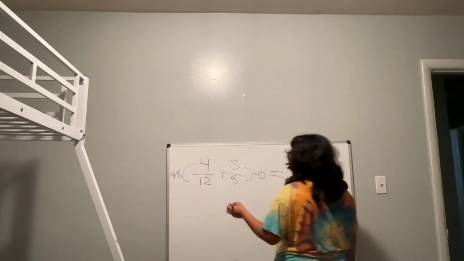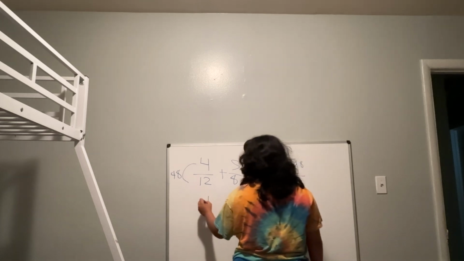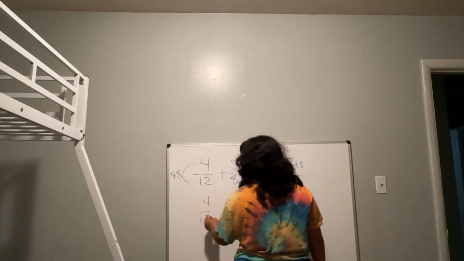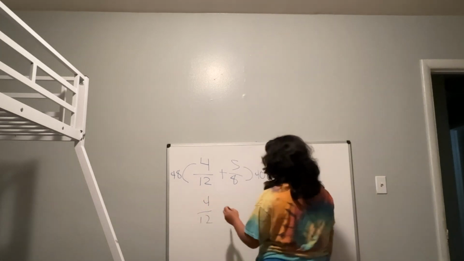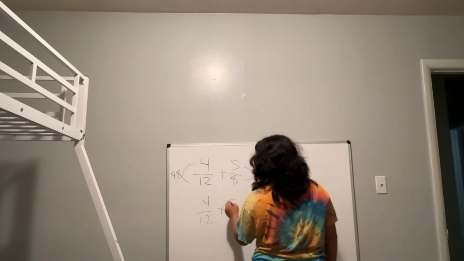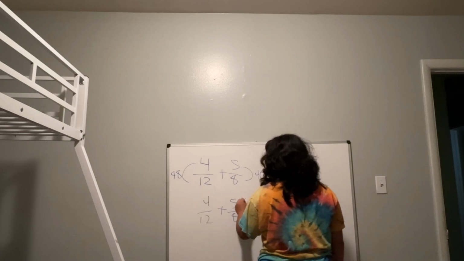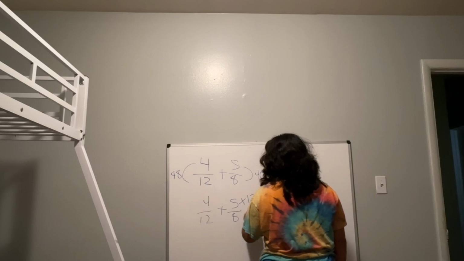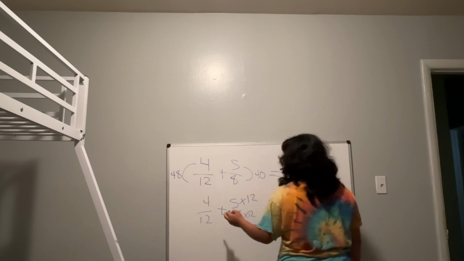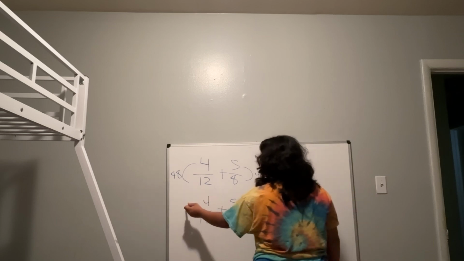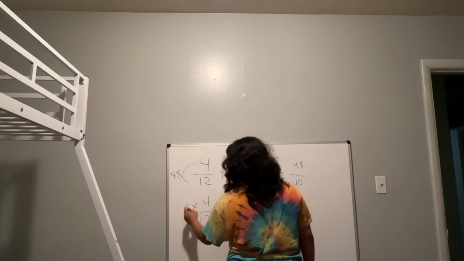Okay. And another way I do it, I hope you can see that. Okay. Yeah, you can. Is multiplying like this. So get the 12. Multiply this by 12. Then over here, 8.